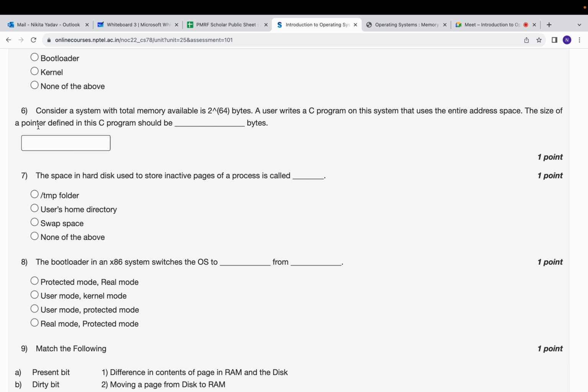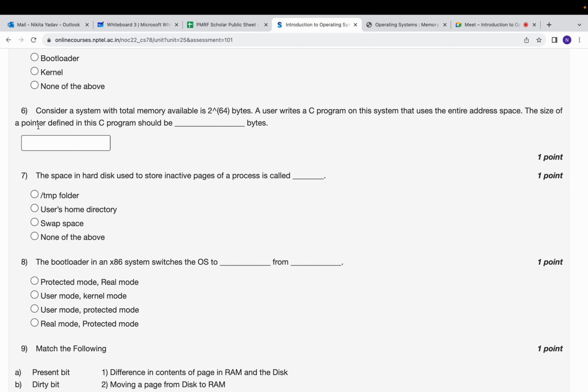What is the size of the pointer? You are talking about C program pointer space, right? Yeah, I mean size of pointer in C. Basically, you are going for C program's pointer space. That's the question, not space.